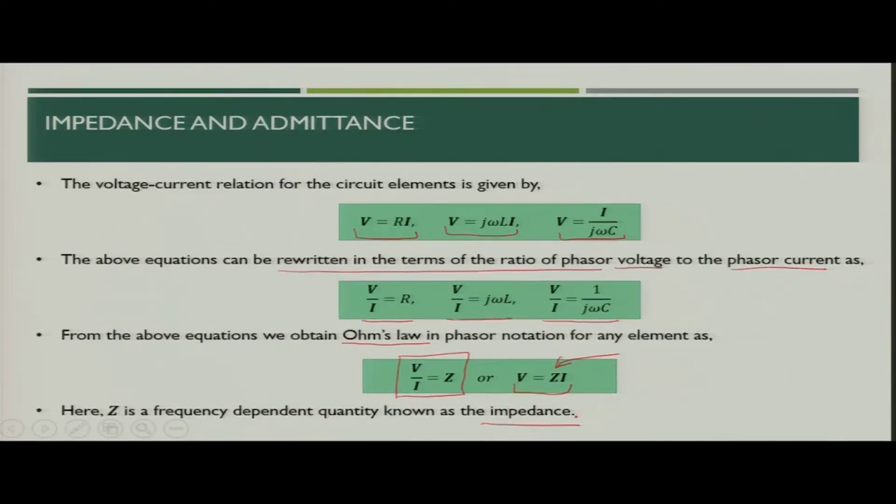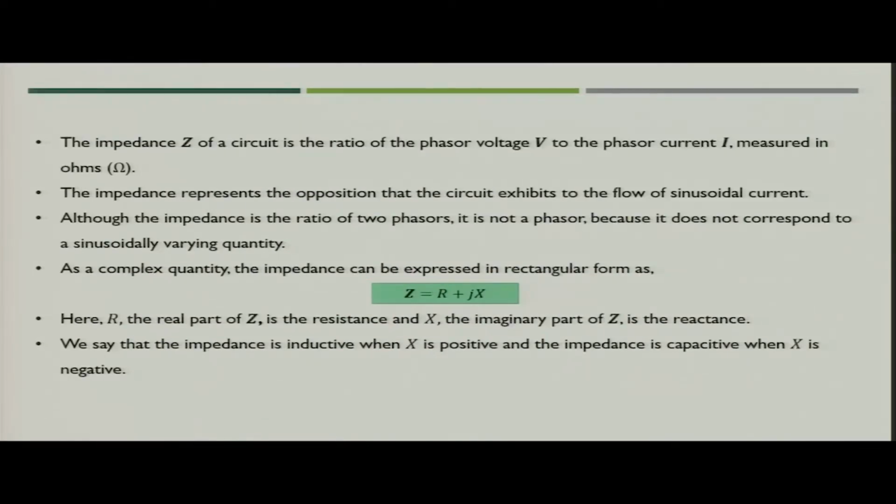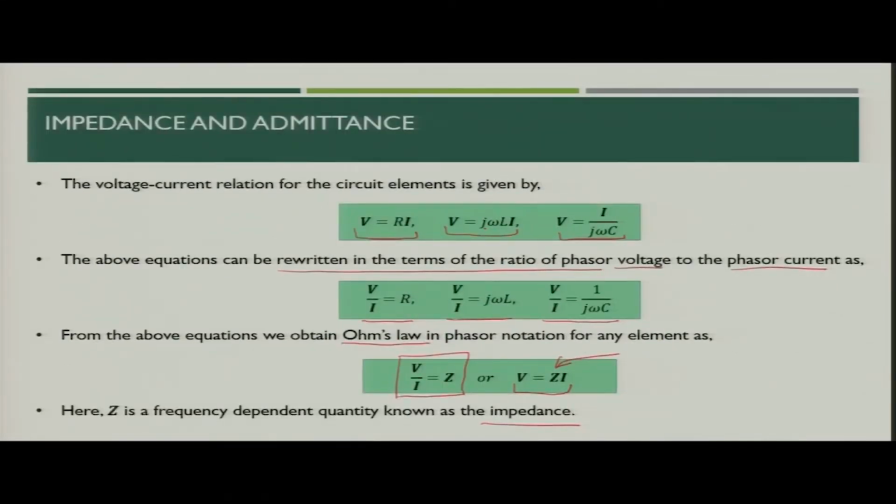What are the various properties of this impedance? The impedance of a circuit is the ratio of voltage phasor and current phasor, and it is measured in ohms, because in the case of a resistor, capacitor or inductor, the reactances which we calculated in previous lectures had the dimension of ohms.